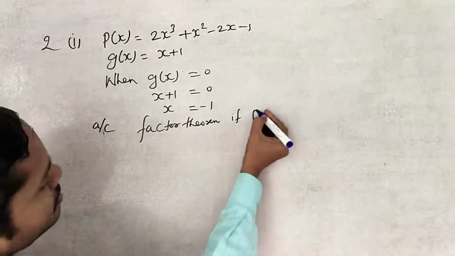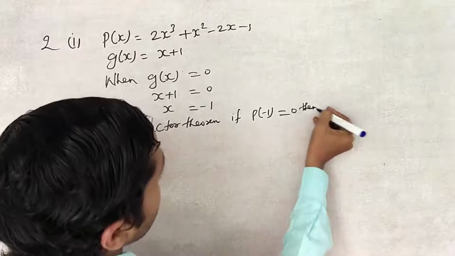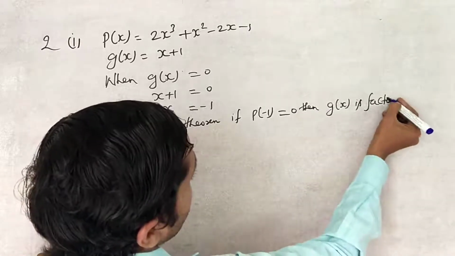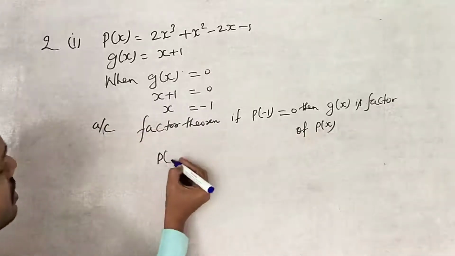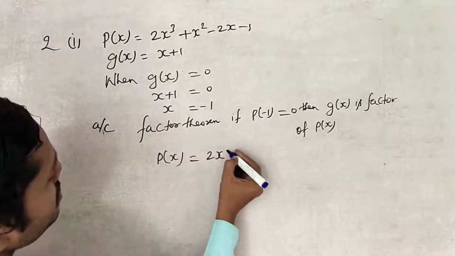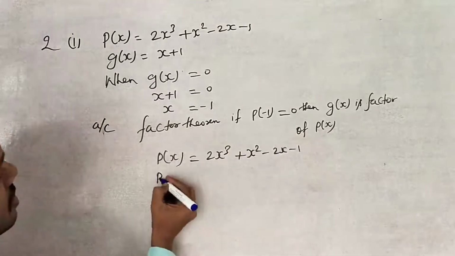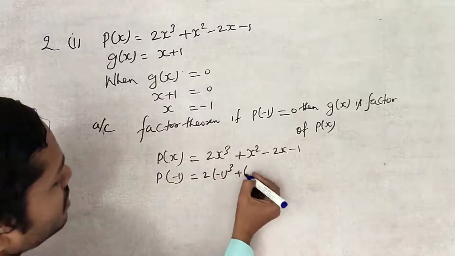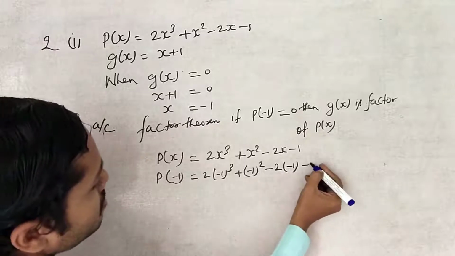If p(-1) equal to 0, then g(x) is a factor of p(x). Clear? p(x) is equal to 2x cube plus x square minus 2x minus 1. p(-1) is 2 into (-1) whole cube plus (-1) whole square minus 2 into (-1) minus 1.